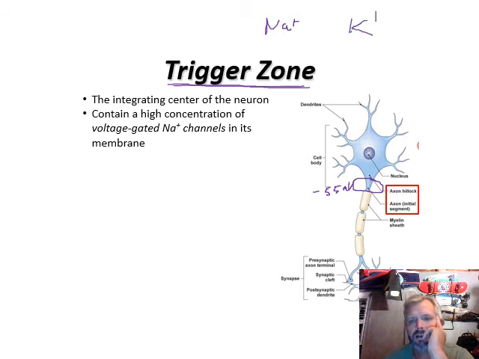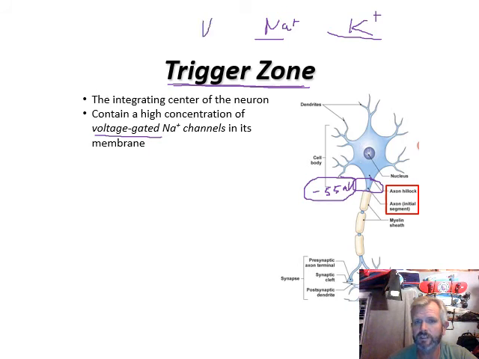They are going to be the carriers of our electrical current, our action potential, down our axon. But what cues these channels on the axon to open is that they are voltage gated. Okay, and what cues them is the change in membrane potential. Negative 55 millivolts is going to cue these channels to open. And chiefly at the trigger zone, as we have a high concentration of voltage-gated sodium channels.